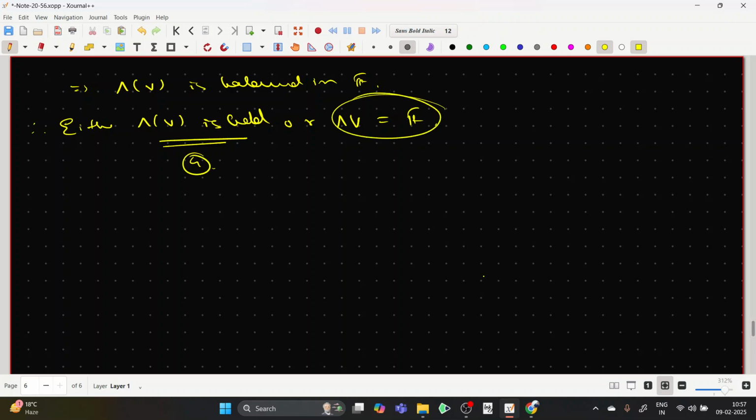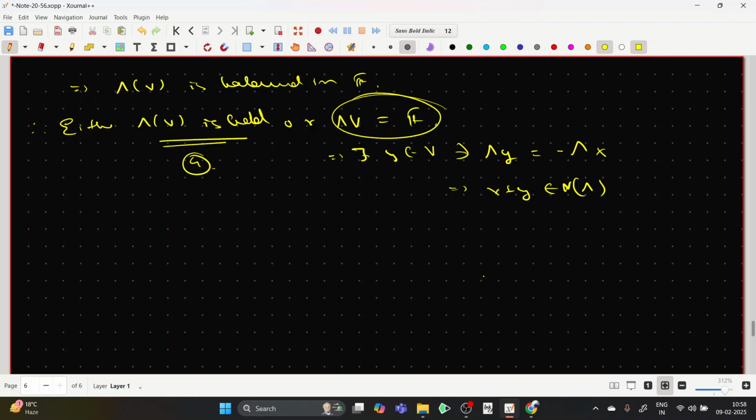We need to contradict the other case, but how can I contradict this? If it is the whole field, this implies there exists some y in V such that lambda evaluated at y is the same as the negative of lambda evaluated at x, but that means x plus y should be inside the null space, right?